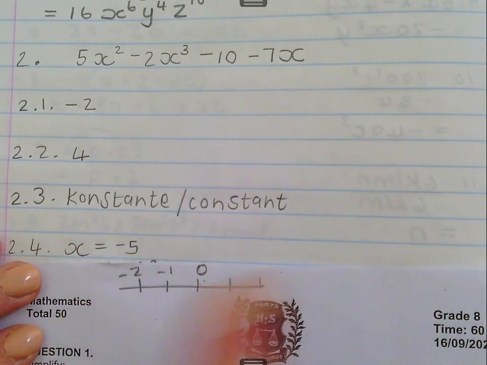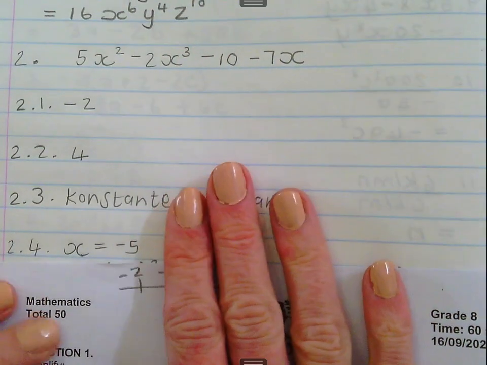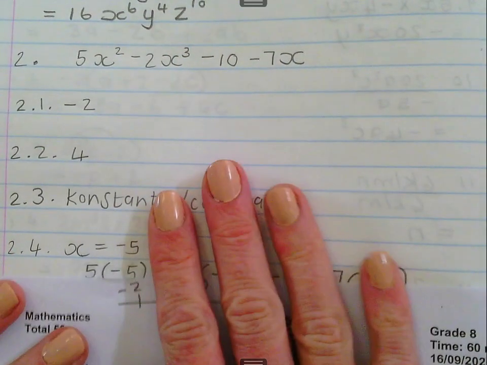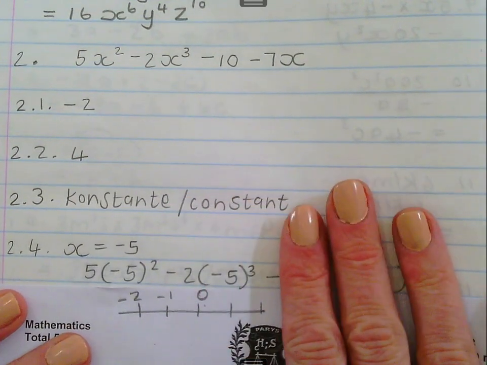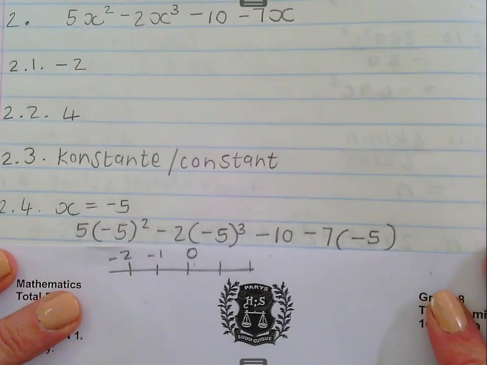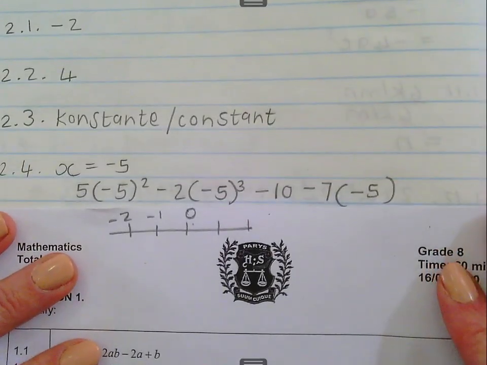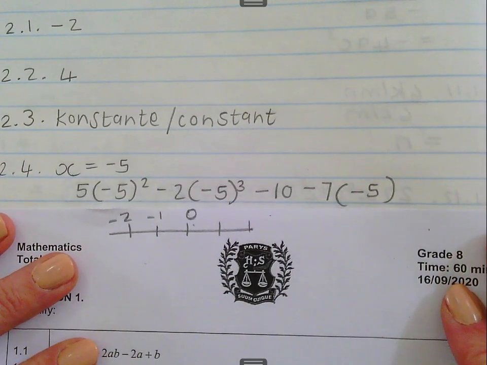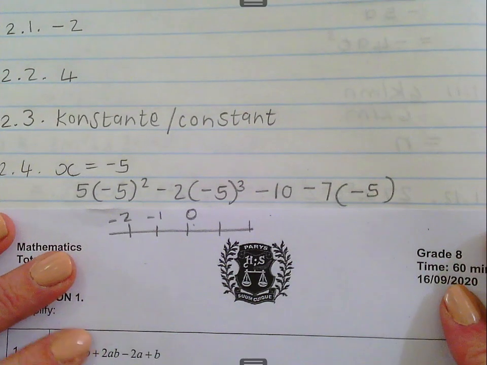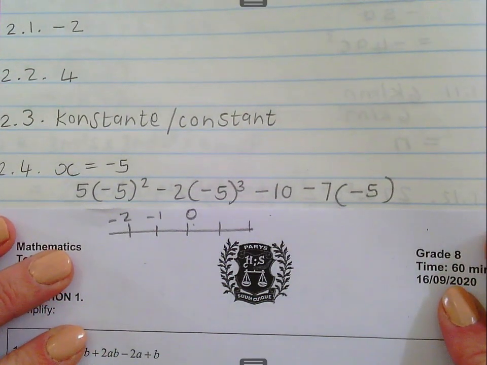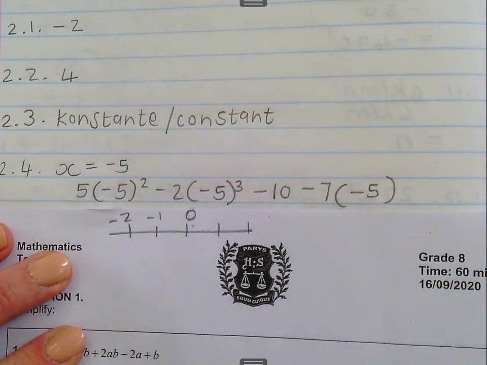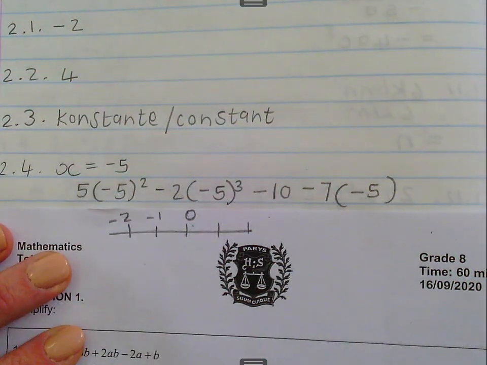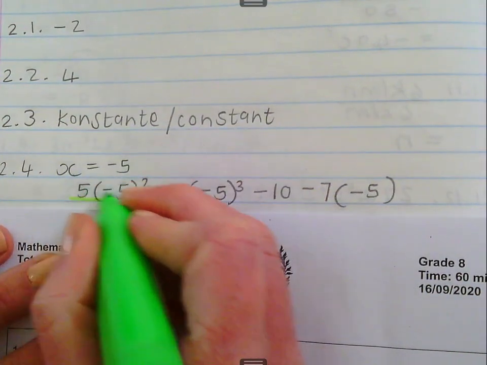Alright, Calvin, read me the substituted expression. 5 brackets -5 to the power of 2, -2 brackets -5 to the power of 3, minus 10, then -7 brackets -5. Very good. Do you all understand that? Okay, now, Ayanda said there are 4 terms. Do you agree with it, Calvin? Okay. This is the first term.